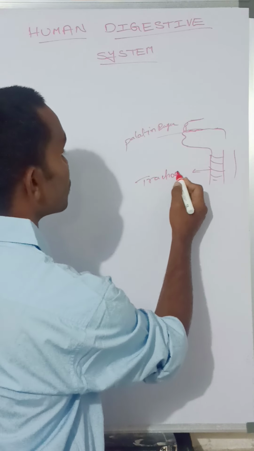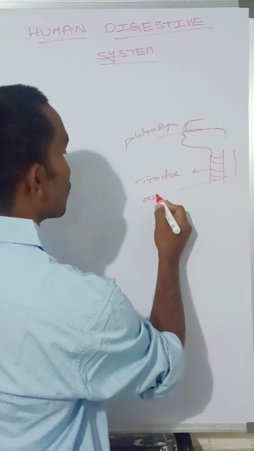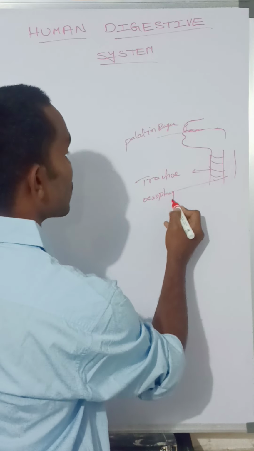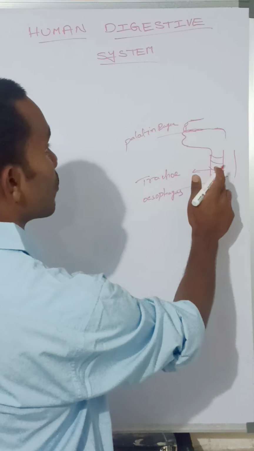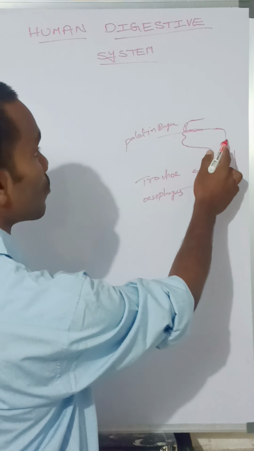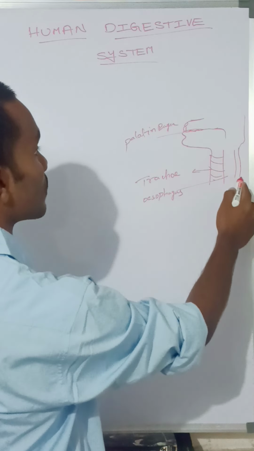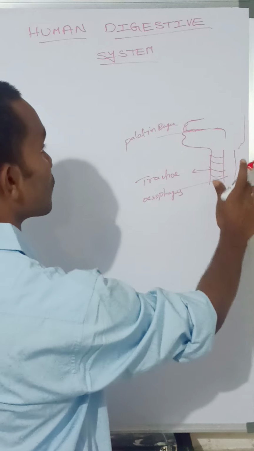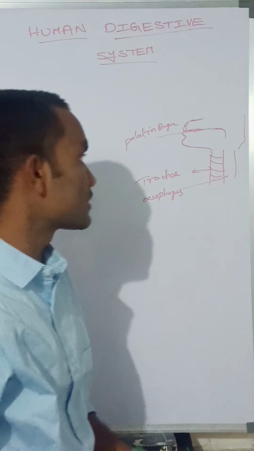Here you can observe that the trachea and esophagus both are opening into the pharynx.